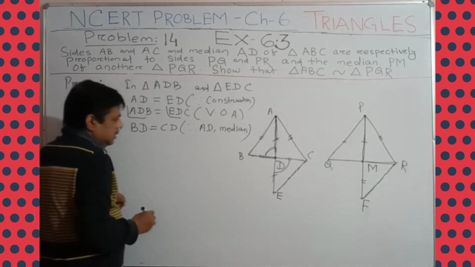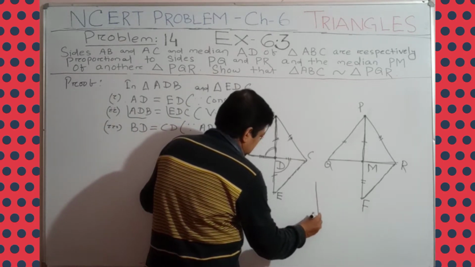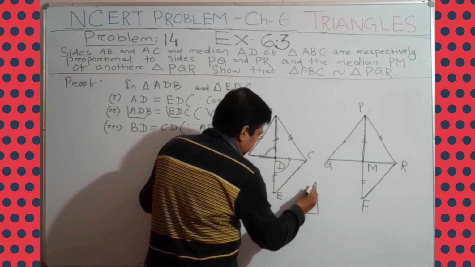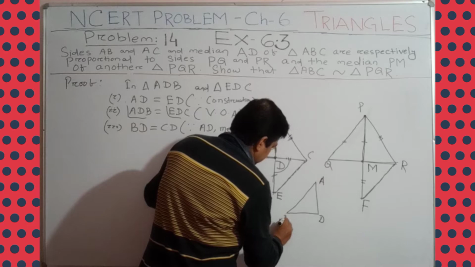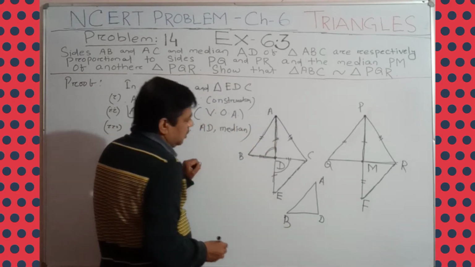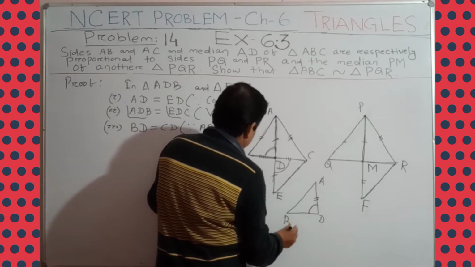Look at here. In triangle ADB, you see AD side, ADB angle and BD side.